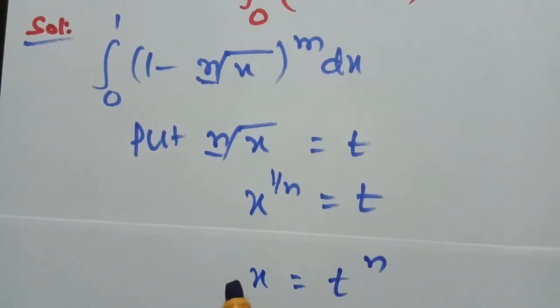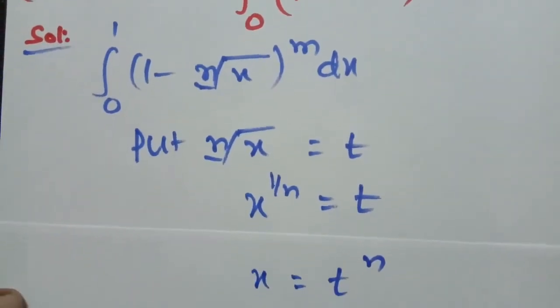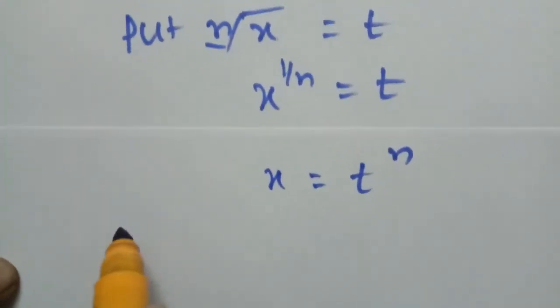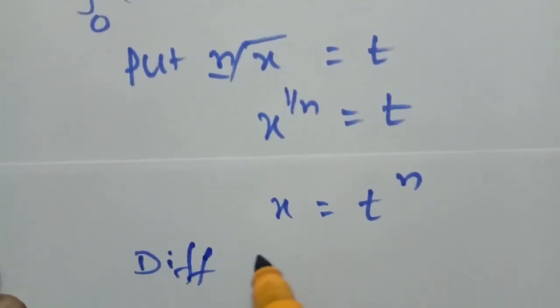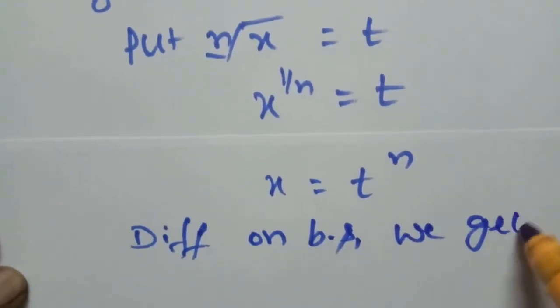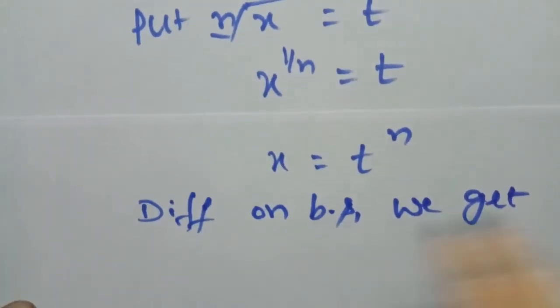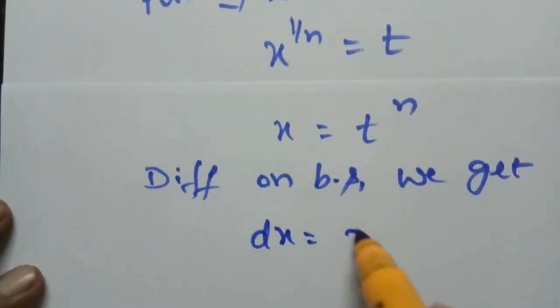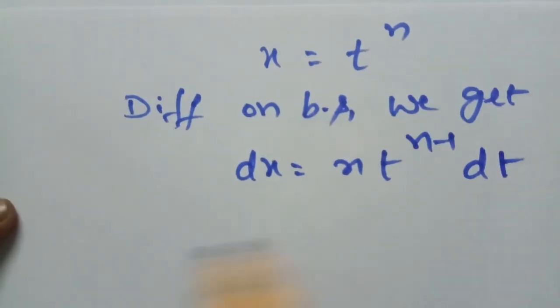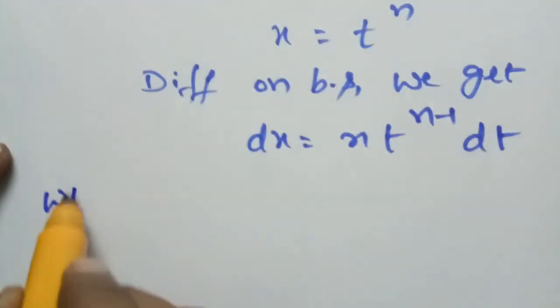So therefore, raising to the power n on both sides and differentiating on both sides, we get dx is equal to n into t to the power of n minus 1 into dt. Now limits.